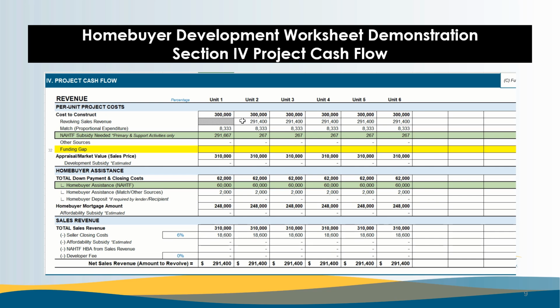You can see under Unit 2 that now you have those project sales revenue proceeds to use to construct the second unit and some match. So there's very little trust fund needed at that point, and so on and so forth until you get through Unit 6. And after you sell Unit 6, what is remaining is the $291,400.